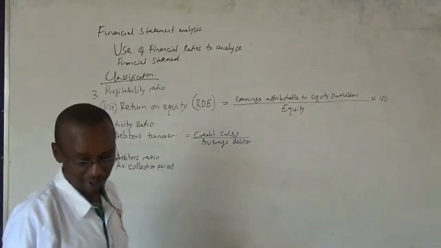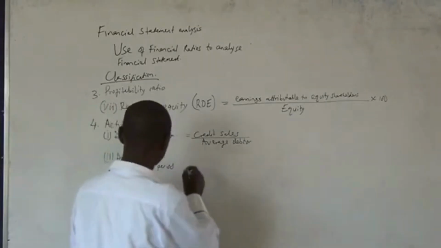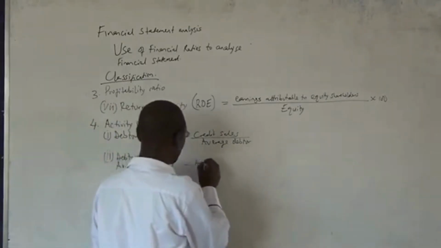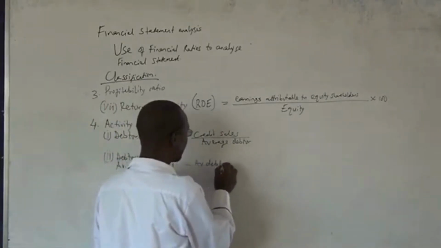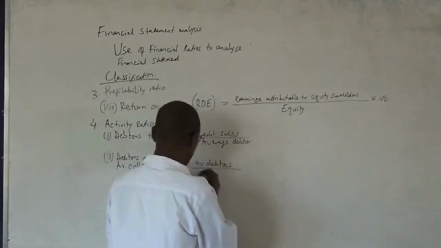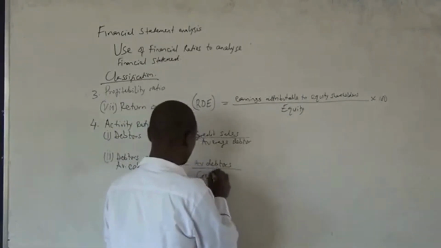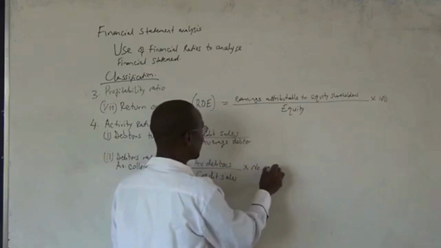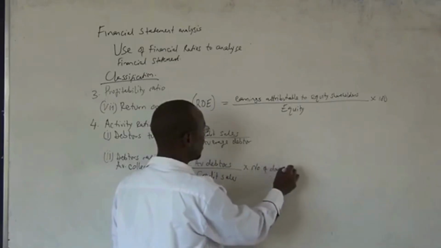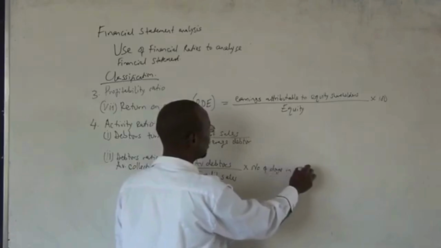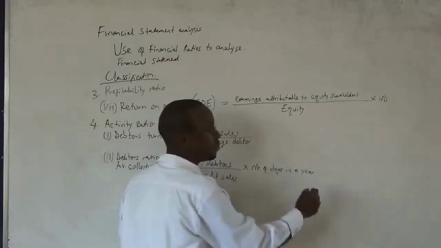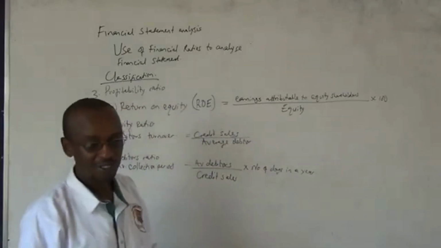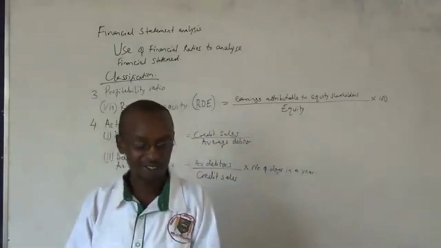Debtors ratio is equal to average debtors over credit sales times the number of days in a year. So for example, assume a 365 days year.